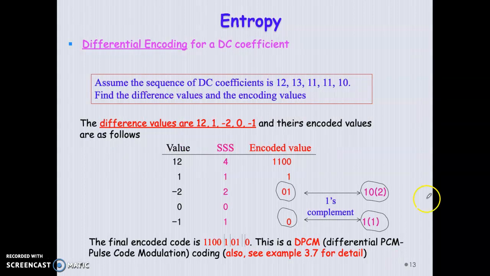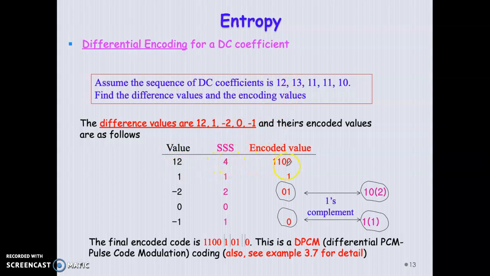Okay, next, let's say this is the DC coefficient, the same example as before. First you have to get the difference between these. First is 12, 13 minus 12 is 1, 11 minus 13 is negative 2, 0 and negative 1. Then you want to encode this, so you have to get the SS and also the value. For this 12, you will need 4 bits.